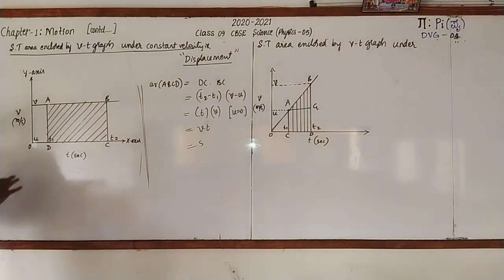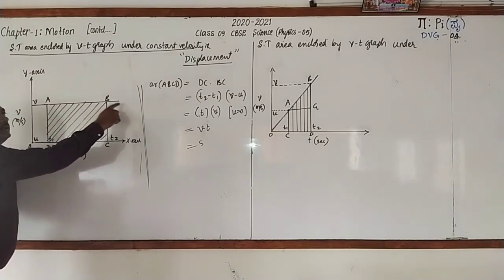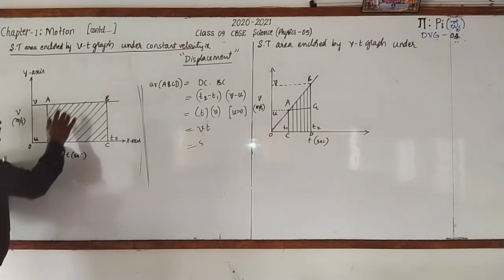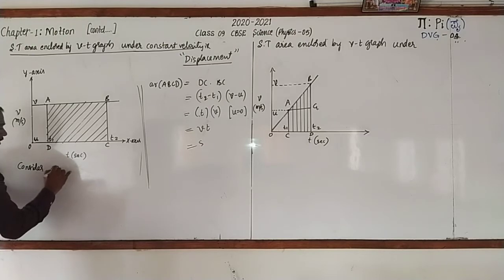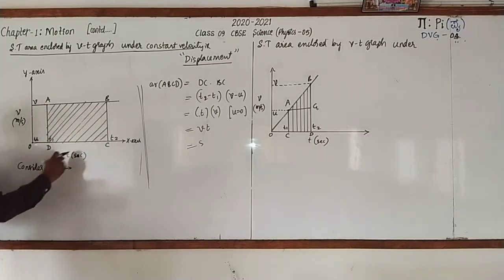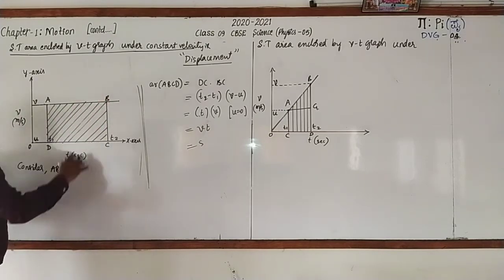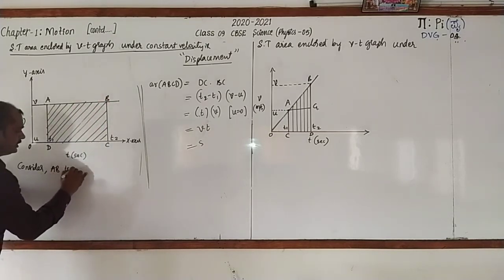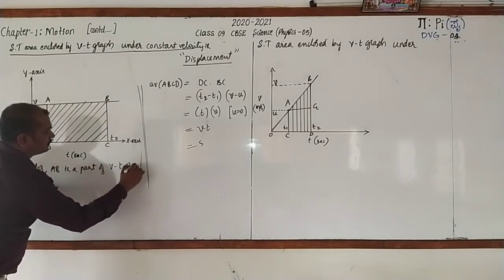So what you have to do? You have to draw the figure like this, x-axis, y-axis, and show the constant velocity and take a part of it. That should be written here. Consider AB. What is that? AB is a part of Vt graph. Or AB represents constant velocity. AB is a part of Vt graph.